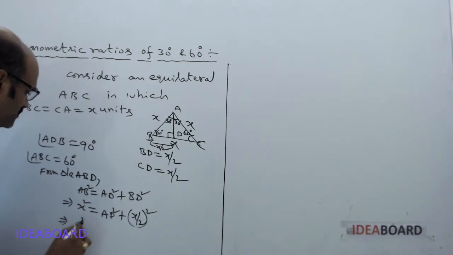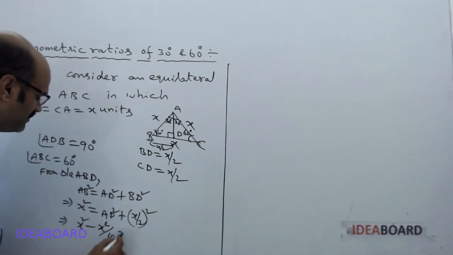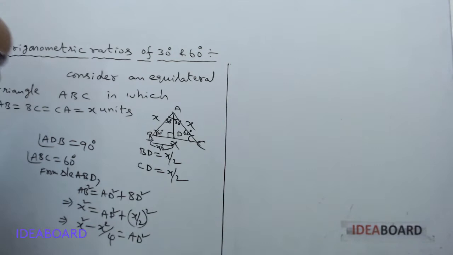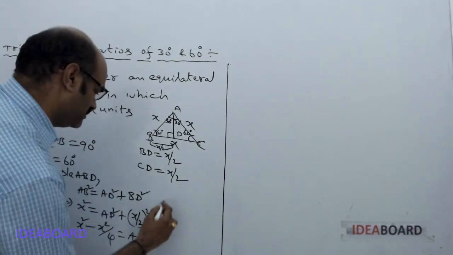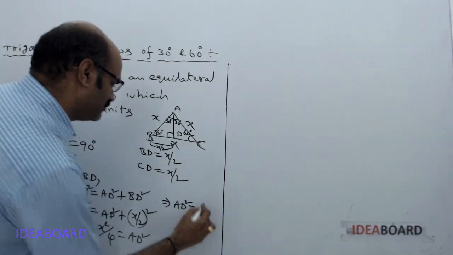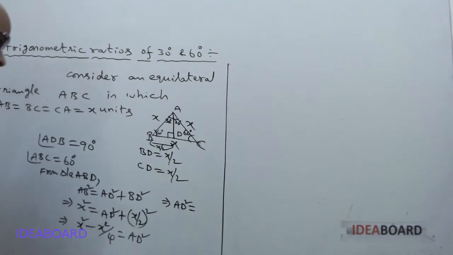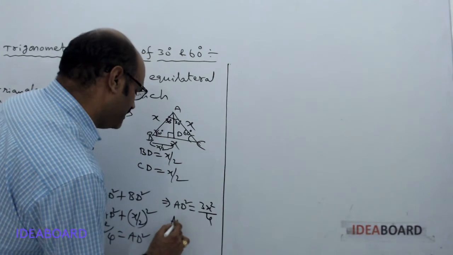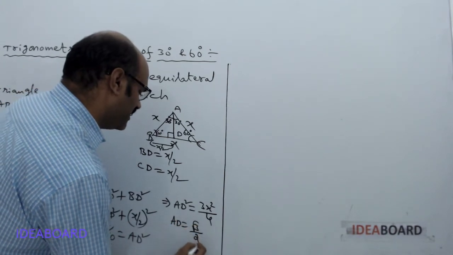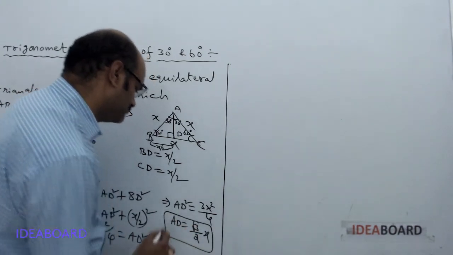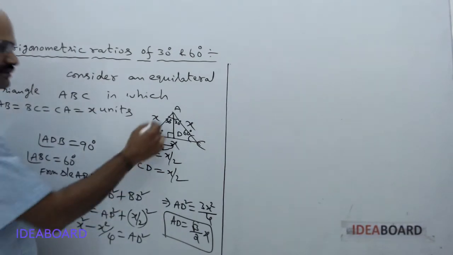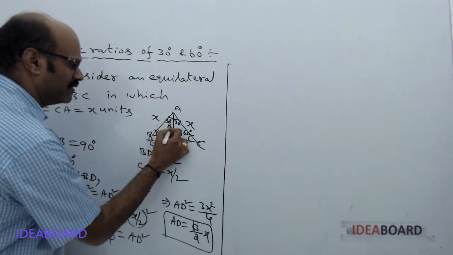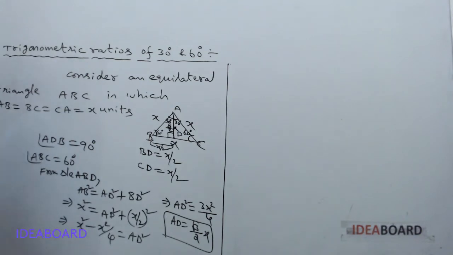So x square minus x square by 4 equal to AD square. It implies AD square equal to 3x square by 4. So AD equal to root 3 by 2 into x. Now the length of AD is root 3 by 2 into x.